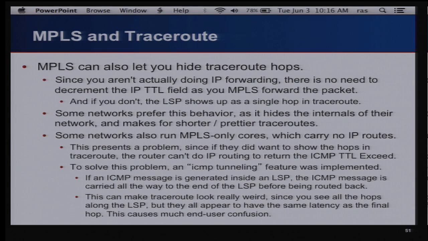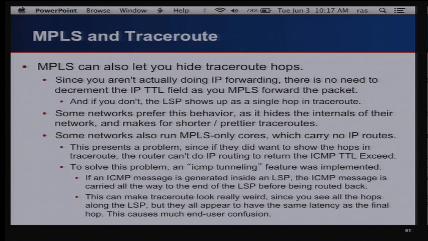Say that router in the middle drops a packet because it's hit a TTL exceed. Rather than do a routing lookup and send the ICMP message back to the person directly, it forwards that ICMP all the way to the end of the LSP that it was inside, and then it forwards it back. And so that can result in a really weird looking traceroute.